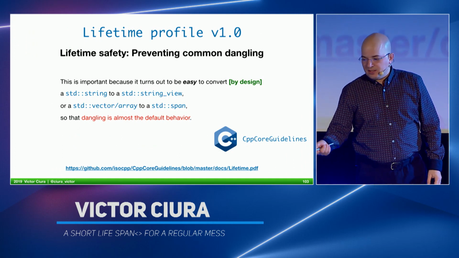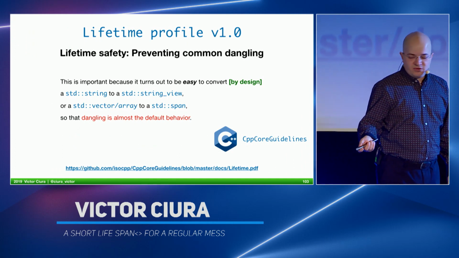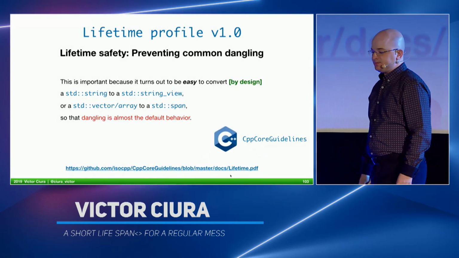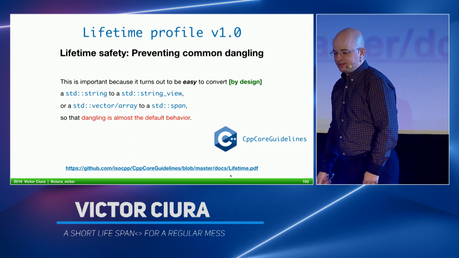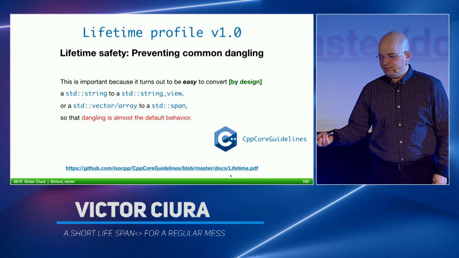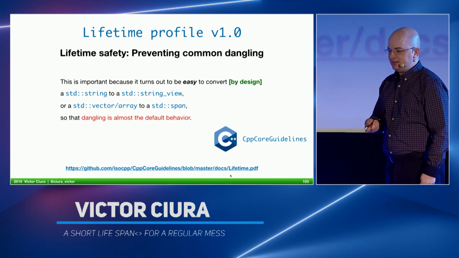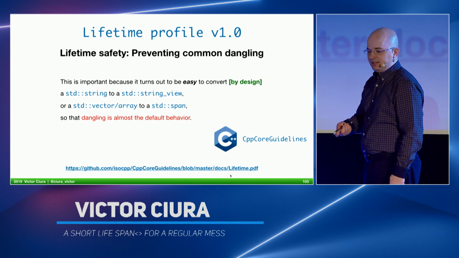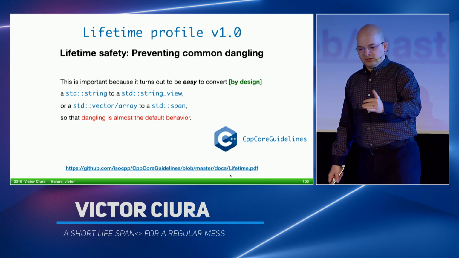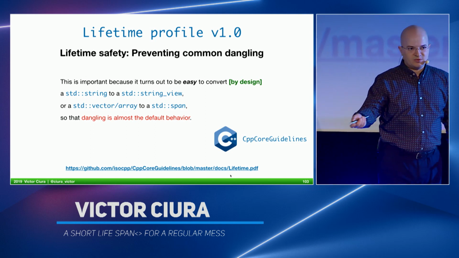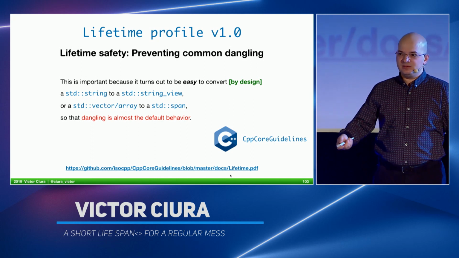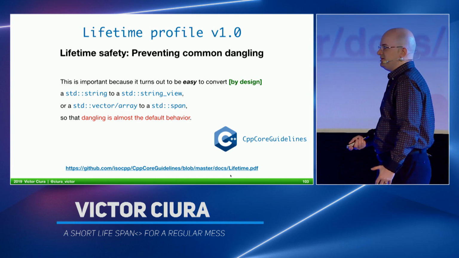We also have the lifetime profile. The original paper by Herb Sutter is linked below. We have this in the C++ Core Guidelines, and the gist of this paper is that it's important to prevent common dangling, because we have very natural conversions from string to string view, from vector to span, and using them irresponsibly, you almost guarantee dangling references.